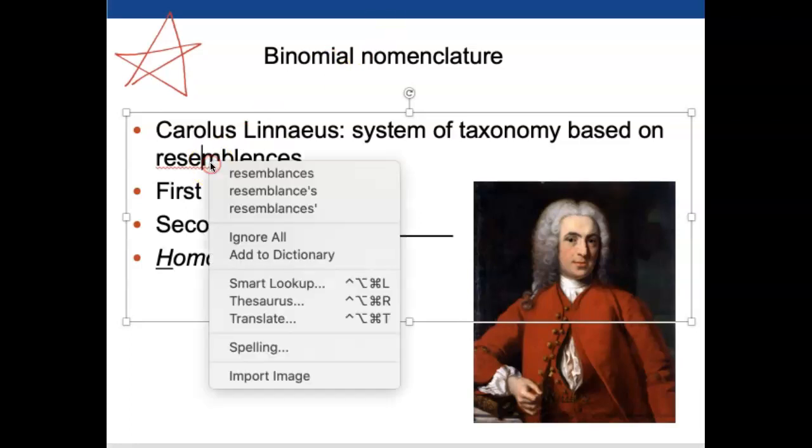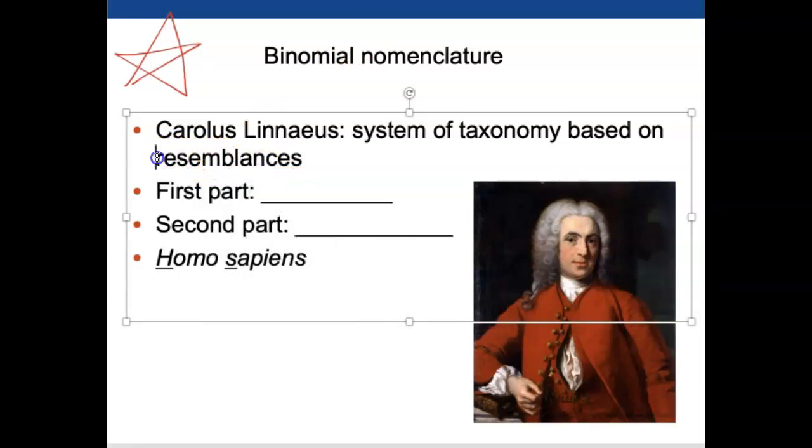Linnaeus developed the Linnaean system of classification based on just physical resemblance. Do you look like this? Do you have these parts and features? Well, then you're related. So when he drilled it all the way down and created names, the first part of a species scientific name is the genus.